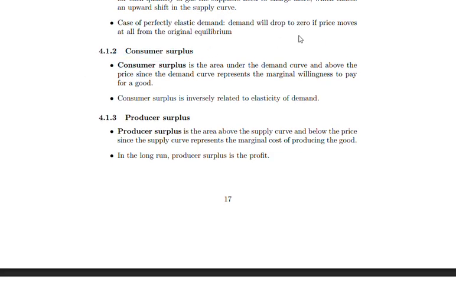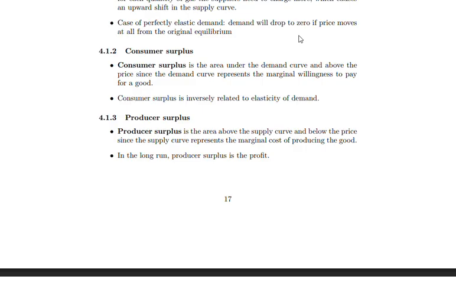What is consumer surplus? The consumer surplus is the area under the demand curve and above the price, since the demand curve represents the marginal willingness to pay for the goods. Consumer surplus is inversely related to the elasticity of demand.